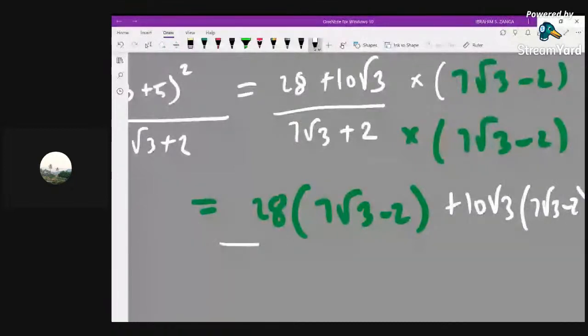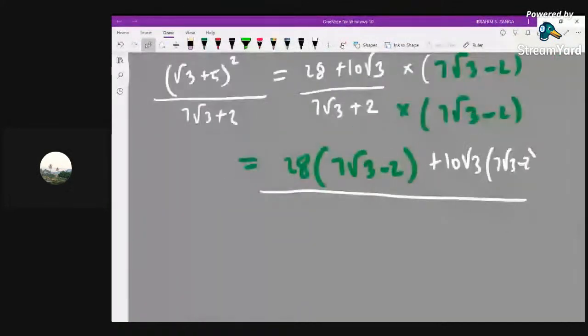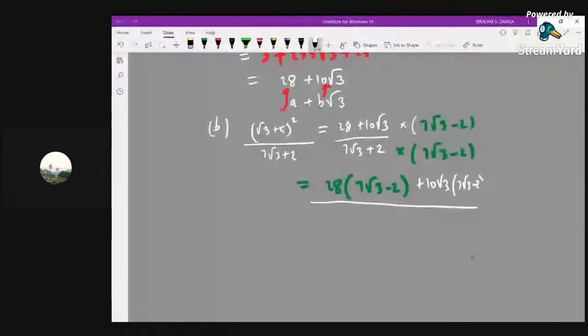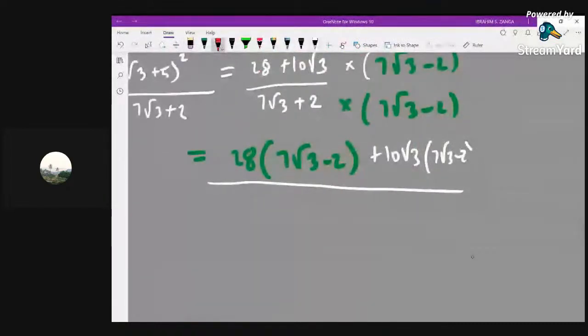You divide by using the concept of difference of two squares. If you recall, a square minus b square equals a plus b, a minus b, then this denominator can be simplified by difference of two squares: it is (7 root 3) square minus 2 square.